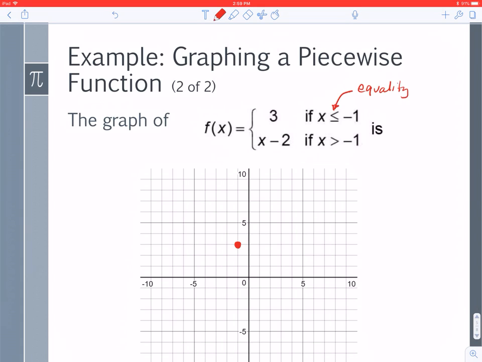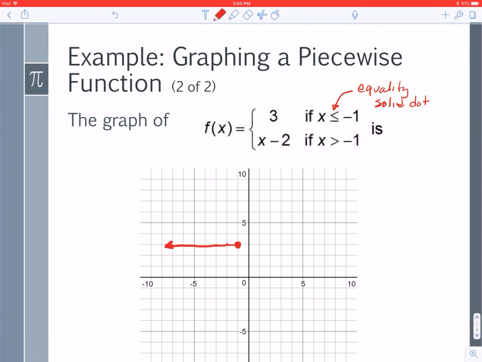So since we have equality, we're going to graph that as a solid dot. Okay, and we also had -2, 3 and -3, 3. So this part of the graph of my function is a horizontal line. It's a constant function.